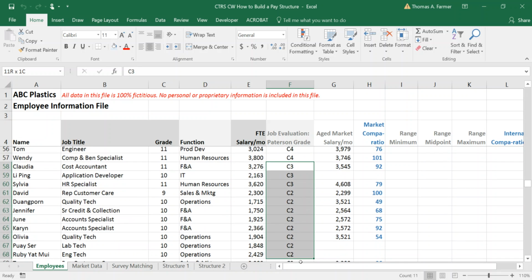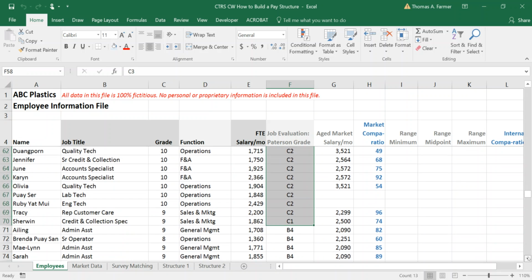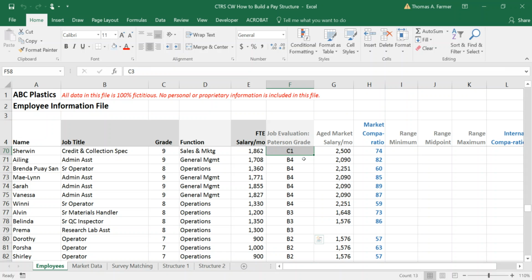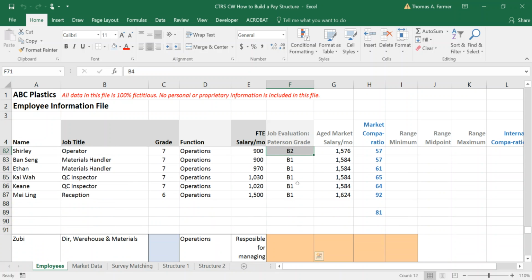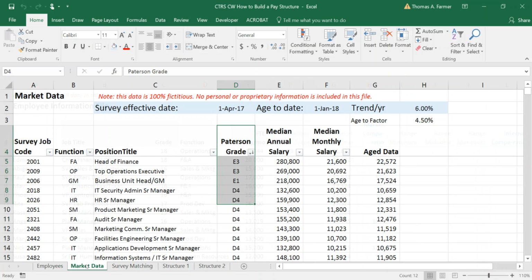C3 and below generally do not require a university degree, but they are specialist roles. B gets into semi-skilled positions, and there are no A-level roles in this company, but A-level roles would be practically unskilled. Okay. So that's my market data here.